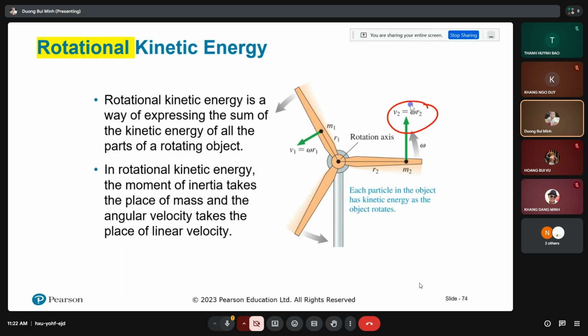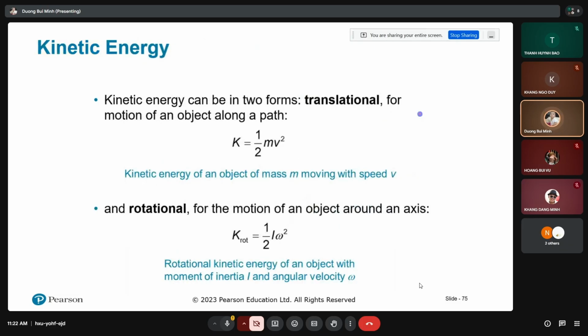So the instantaneous velocity is angular speed times r. If we know omega, we can get rotational kinetic energies.